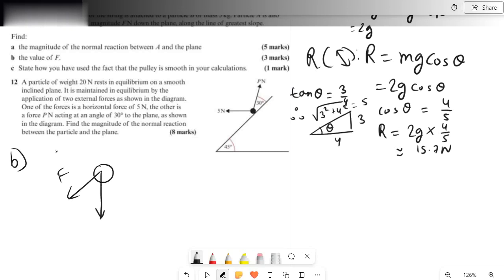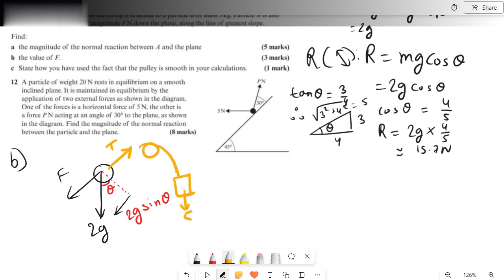We also have mg, or 2g in this case, acting vertically downwards, and in this direction we have the component 2g sin theta, because this angle is theta, and we also have tension acting parallel to the slope, which is connected by a pulley, which is also connected to a mass B of 5 kg.